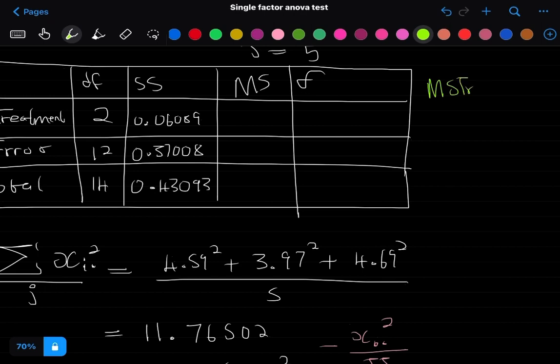For treatment, you divide the sum of squares for the treatment by its degrees of freedom. So it's going to be SSTR divided by I minus 1. So in this case, we have got 0.06085. Sorry, I wrote 9 here. It's 5.